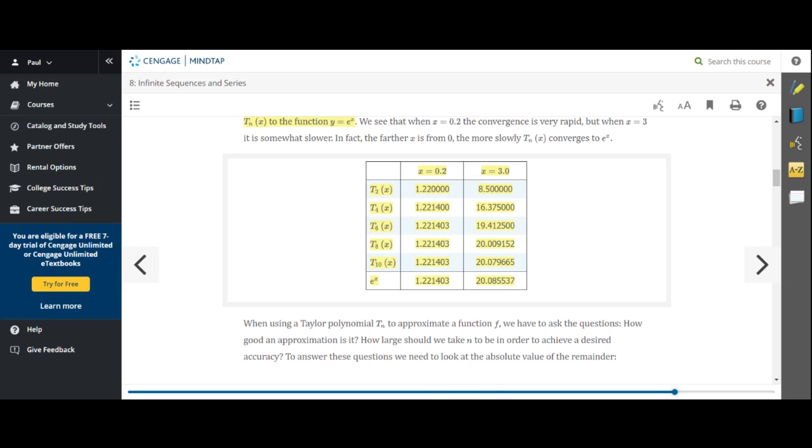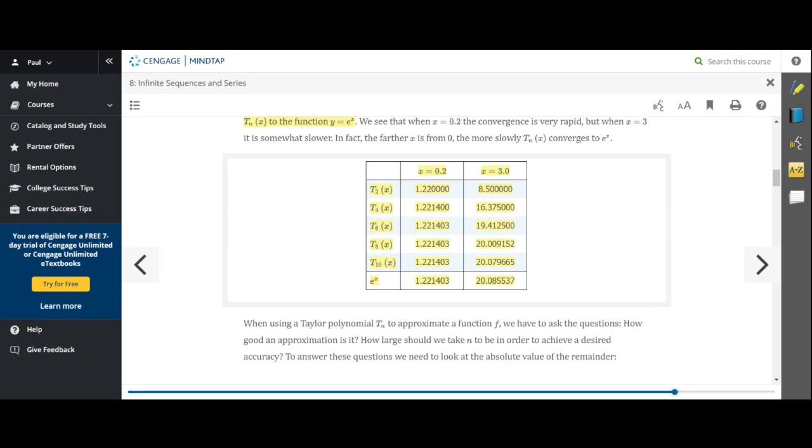At x equals 0.2, the 6th, 8th, and 10th degree Taylor polynomials all approximated e to the third power very nicely. But when x equals 3, there's a difference.